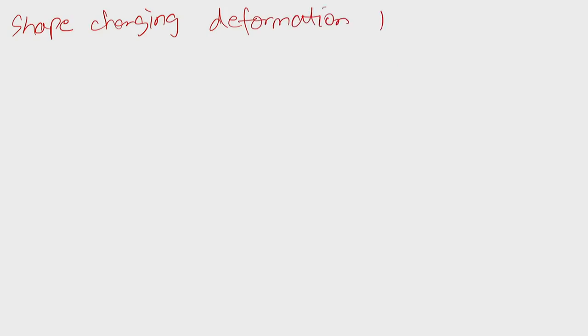what is the shape-changing deformation term, which is also called shear stress. Subtract 2 from 1.